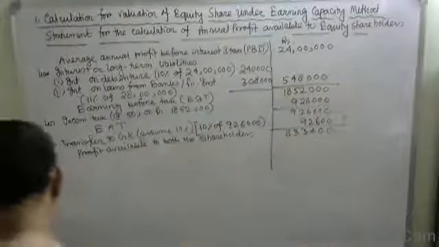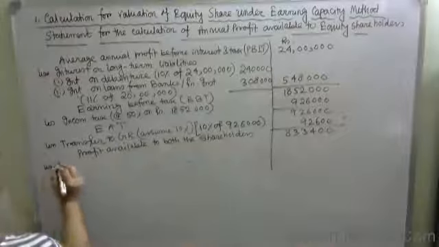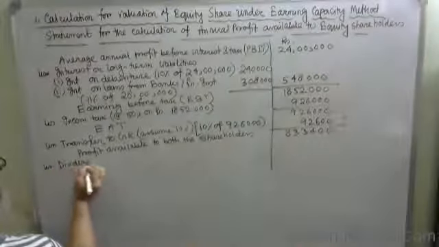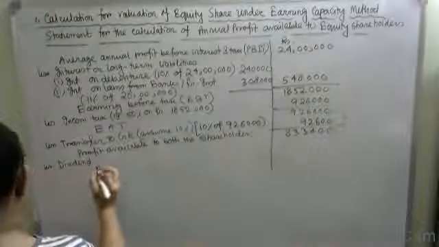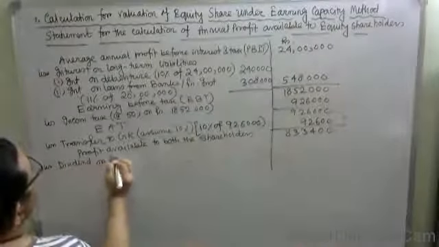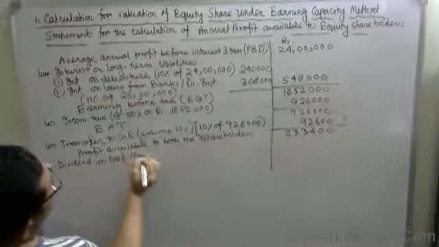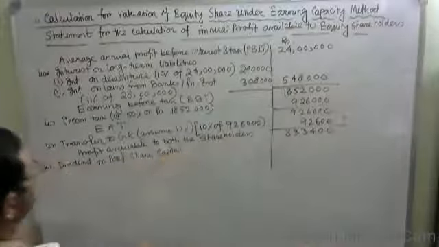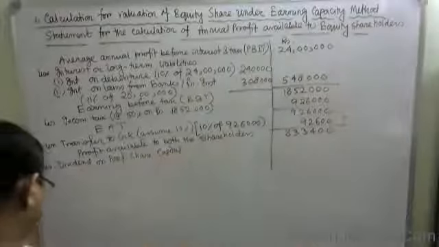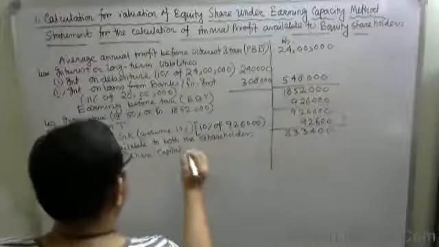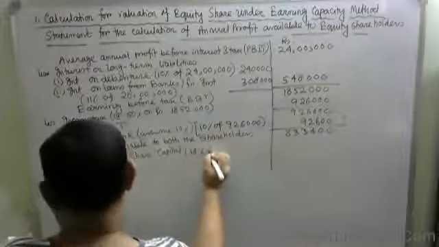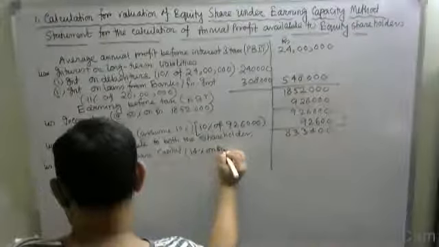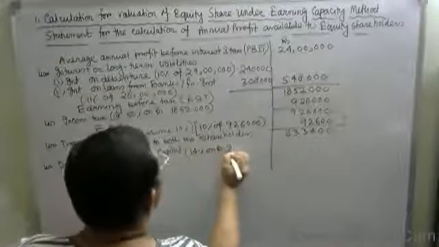8,33,400 less dividend on preference share capital, it is 14% on rupees 20 lakh.